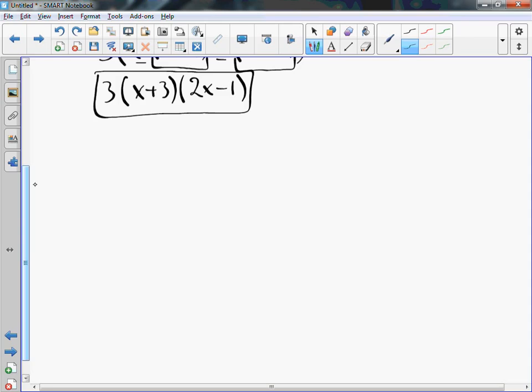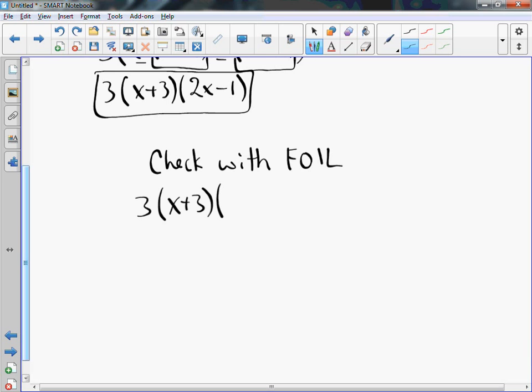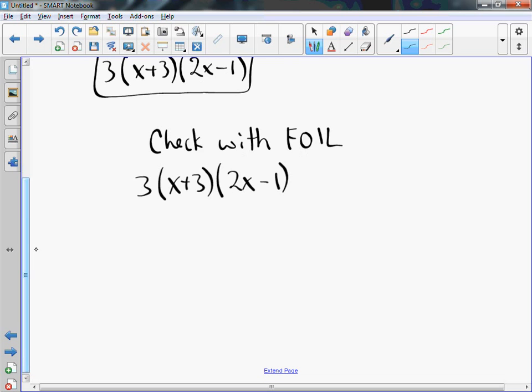Let's check that. Check with FOIL again, one more time. Bring this down so that we can FOIL it out, and we'll just multiply the 3 at the very end. We'll distribute that 3 through at the very end.